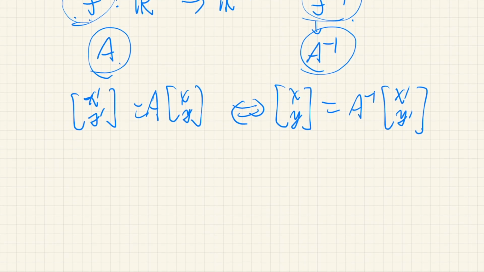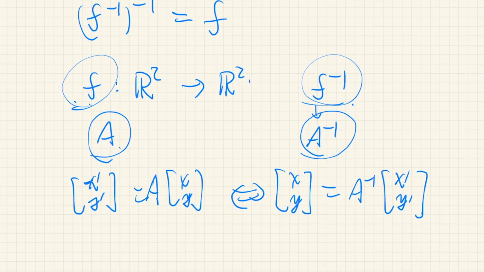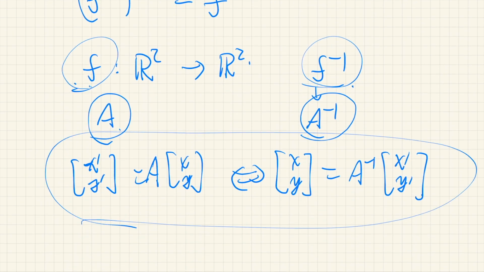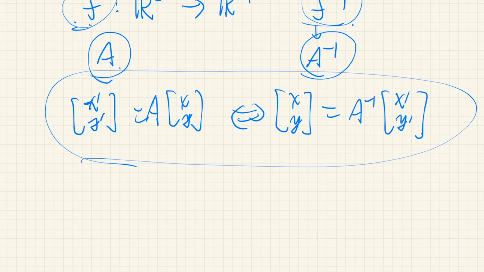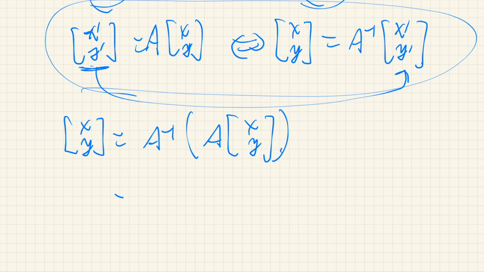So just like this, we have something like this. So that means if we apply, let's put this one into here. Then we have A inverse, A, (x, y).